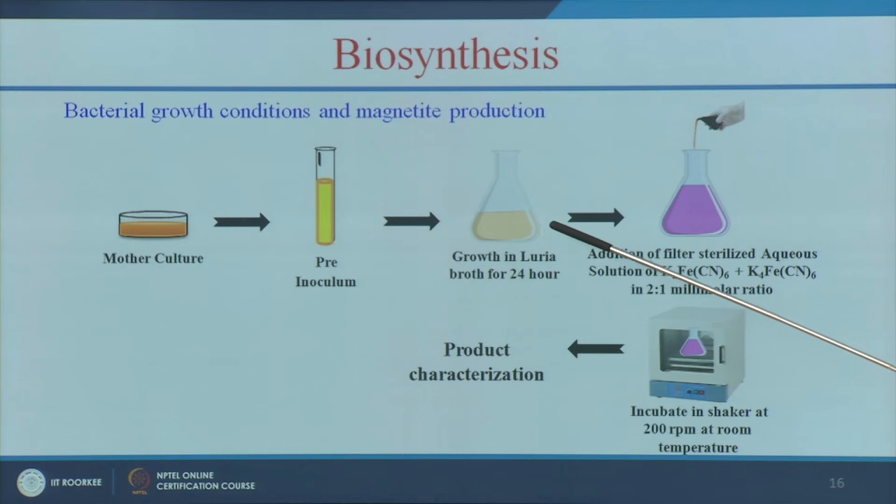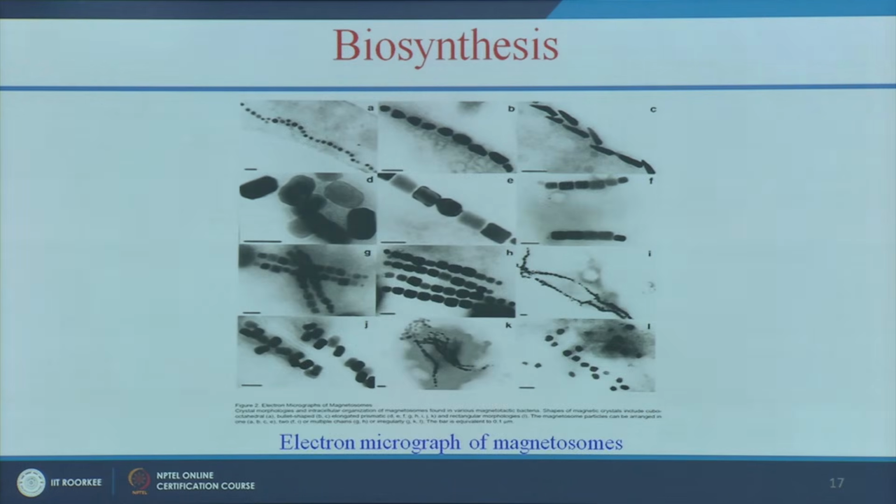Once the bacteria are grown, you have to add the metal precursor. We have to filter sterilize the metal precursor and add it in a 2:1 millimolar ratio. Then you incubate at 37 degrees Celsius at 200 rpm, and finally you will get the iron oxide nanoparticles, which we can take for further characterization.